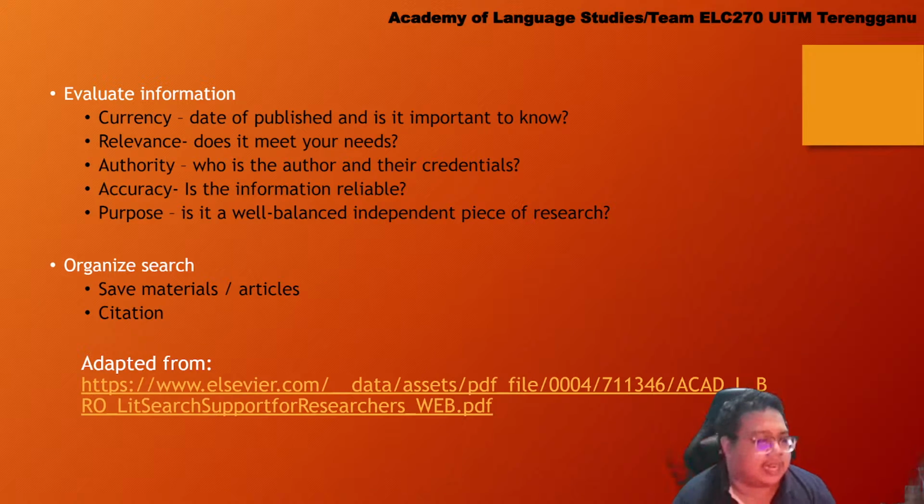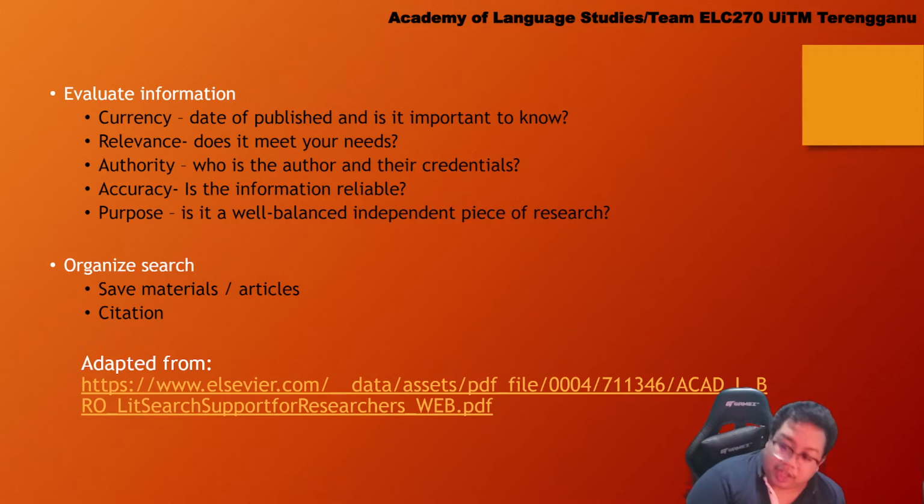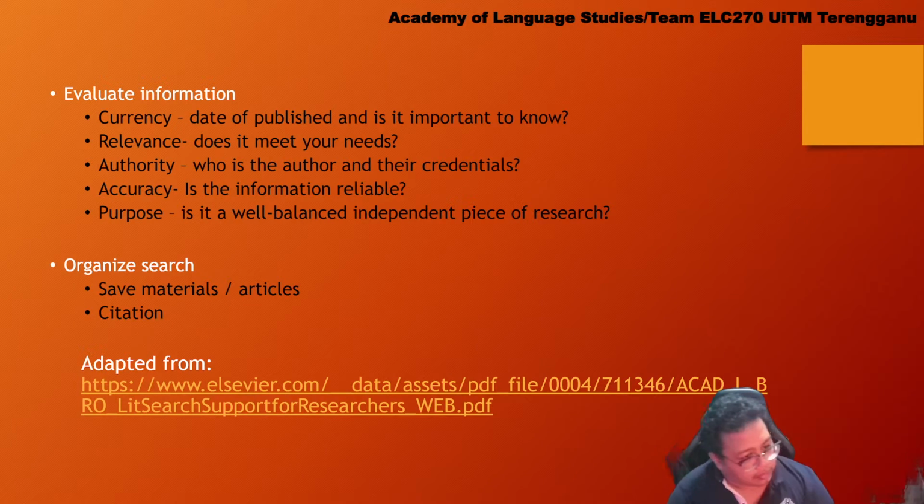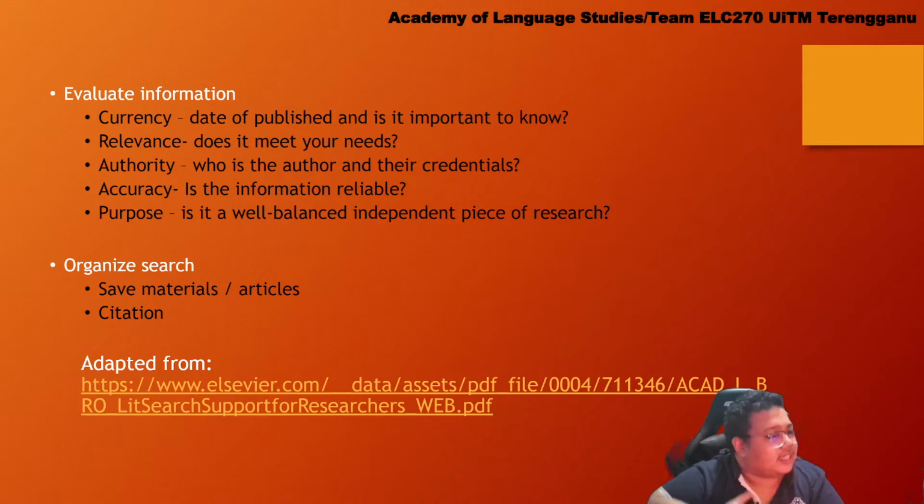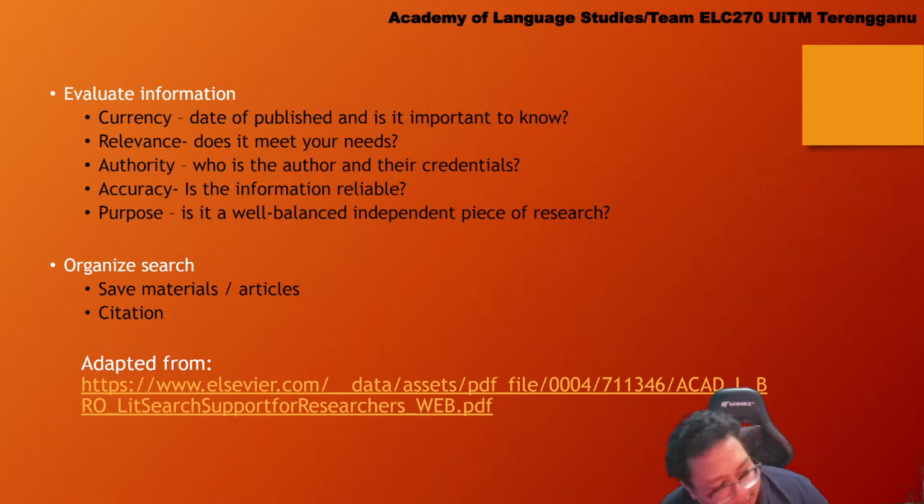You determine it yourself. Then the purpose. Is it a well-balanced, independent piece of research? Maybe the article only looks at a particular part of the topic that you want. It's not expansive enough and doesn't relate much to the topic. So you need to look at the purpose of the article.